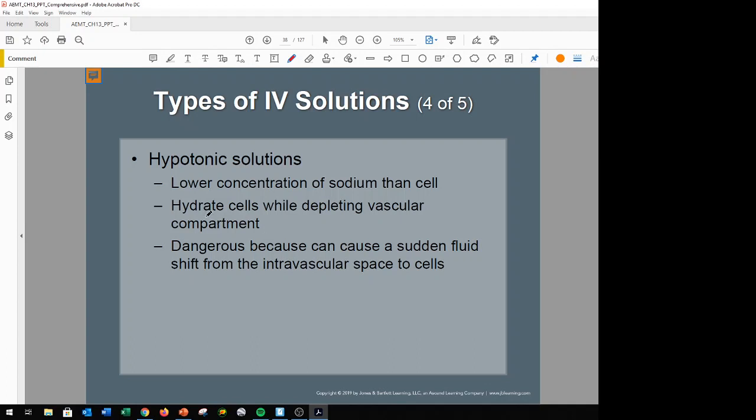All right. Hypotonic solutions. Lower concentration of sodium than the cell. They hydrate the cells while depleting the vascular compartment. Let's look at that.